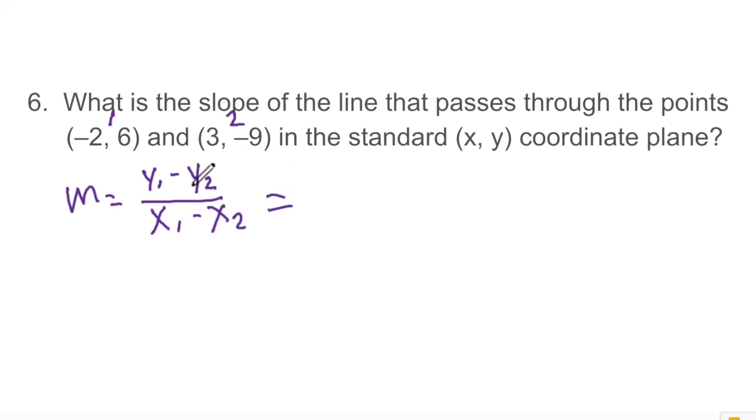And that's equal to, let's see, what is y1? 6 minus negative 9, right? So that becomes 6 plus 9. And x1 is negative 2 minus 3. Okay, so we get 15 over negative 5.